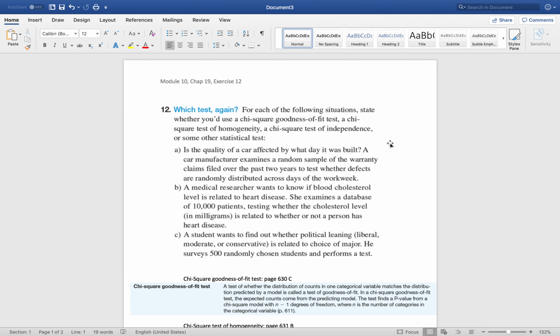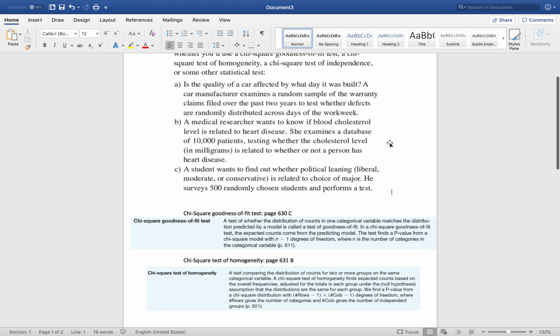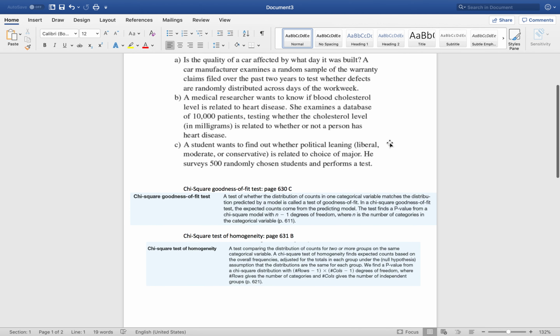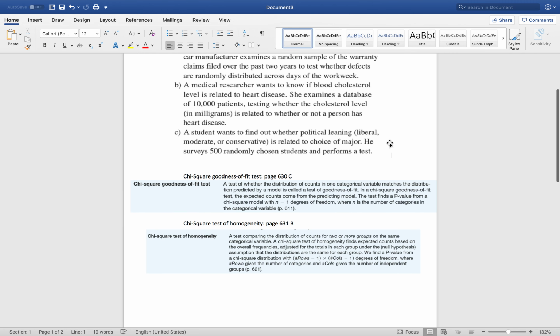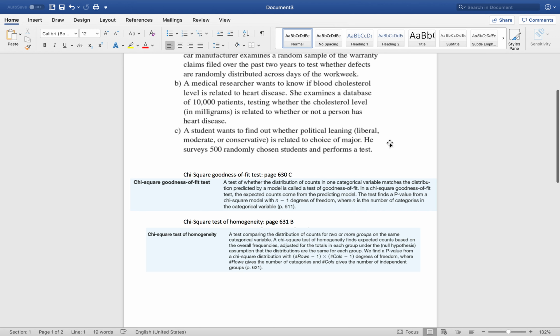So before answering this question, I feel like I have to inform you guys of the different tests. So I decided to take the definitions right out of the book so I knew it was right. For the chi-square goodness of fit, this can be found on page 630. This is what it says.